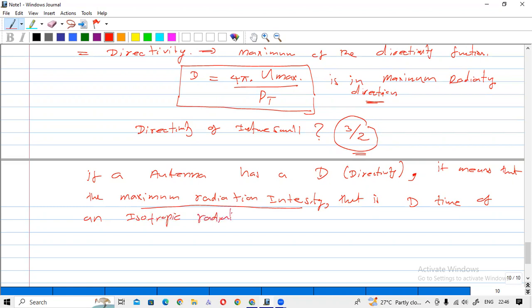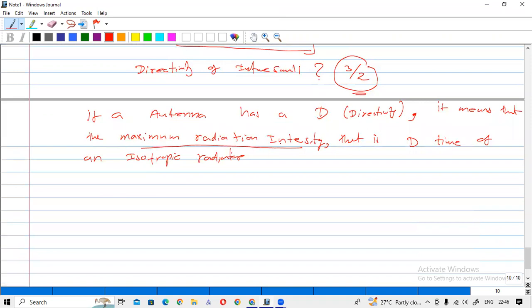So the directivity means the maximum radiation intensity is D times that of an isotropic radiator. If I explain it further, the infinitesimal antenna has 3 by 2 directivity, that means 1.5 directivity.